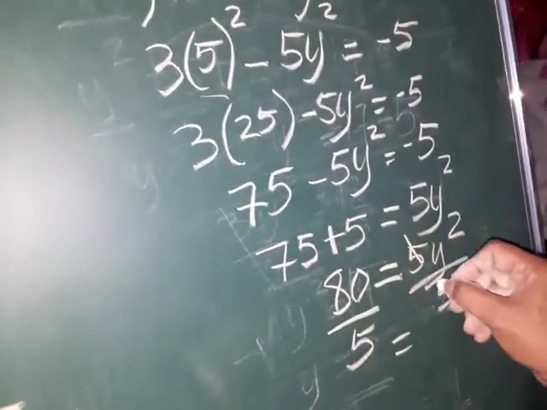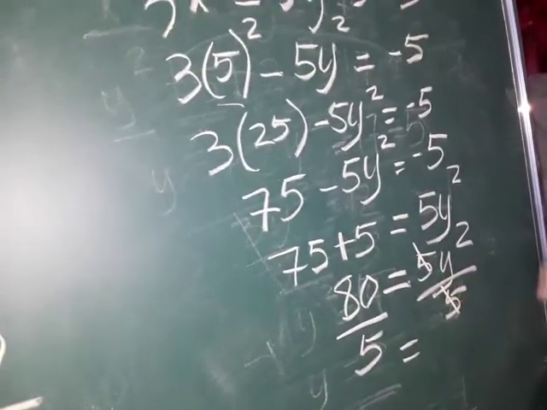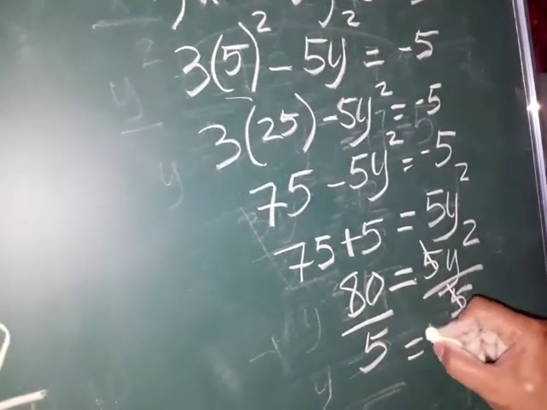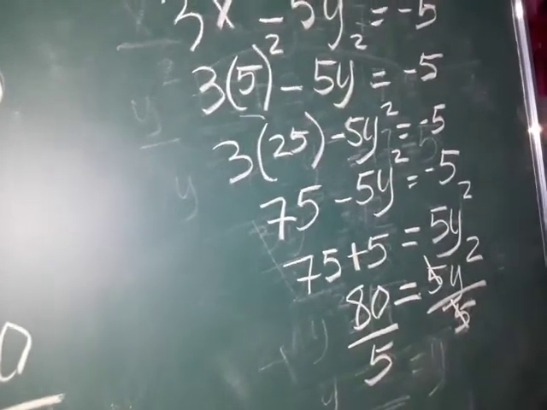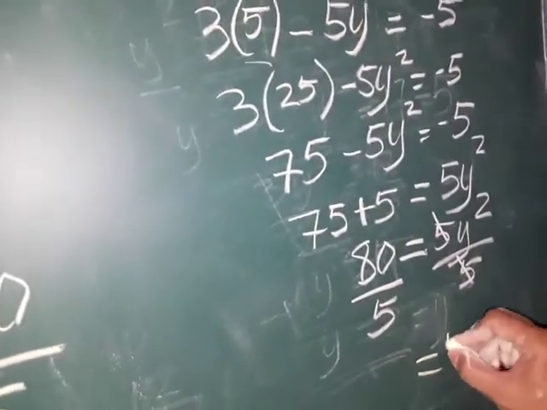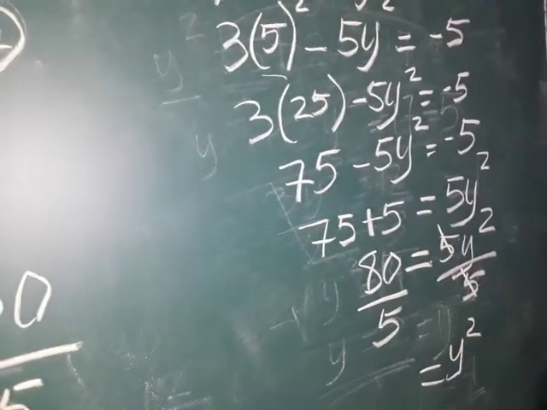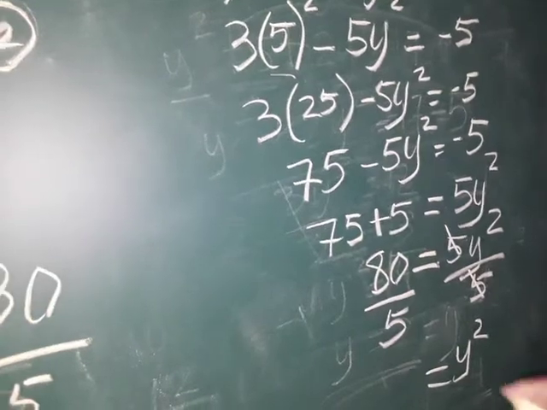Cancel ang 5. 5 divided by 5 is equal to 1. Okay? So, pag kinancel mo siya, ibig sabihin, hindi 0, kundi y. Y squared. 80 divided by 5 is equal to 16.